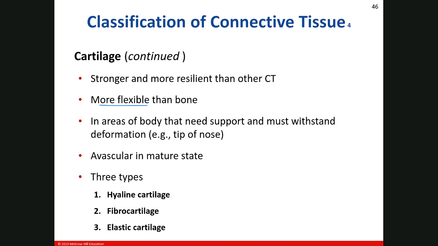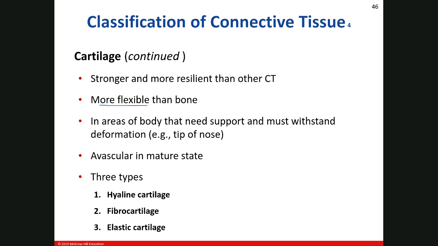So we're going to find cartilage throughout your body in certain areas that need to have some support and some protection, where they need to be safe from permanent deformities. Like it would really suck if I pulled my ear down and it stayed in that position, but cartilage prevents that from happening.